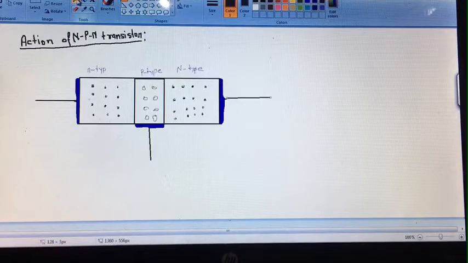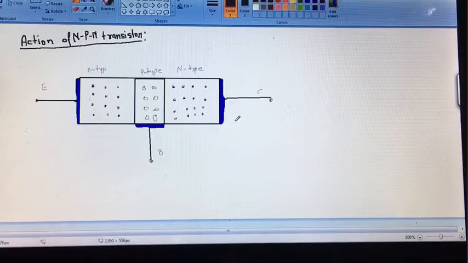So when we discuss these terminals, we know that the emitter emits the charge carriers through itself, and the collector collects the charge carriers.